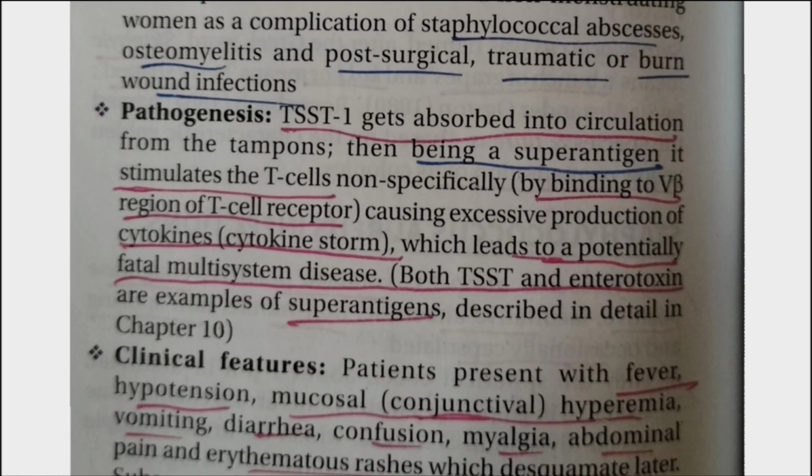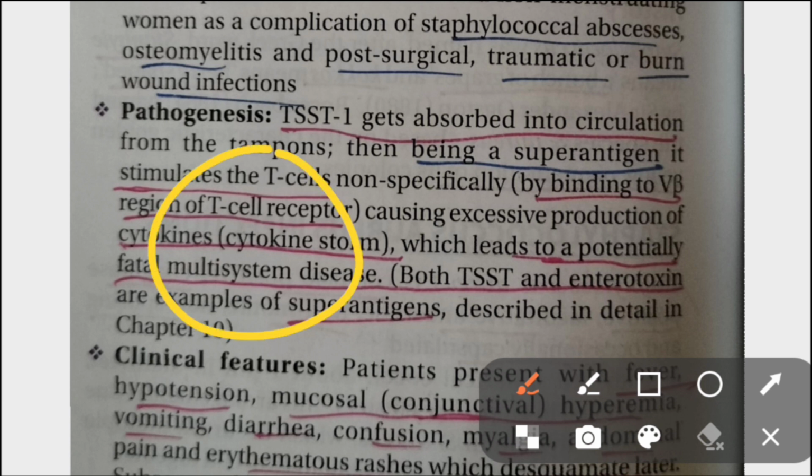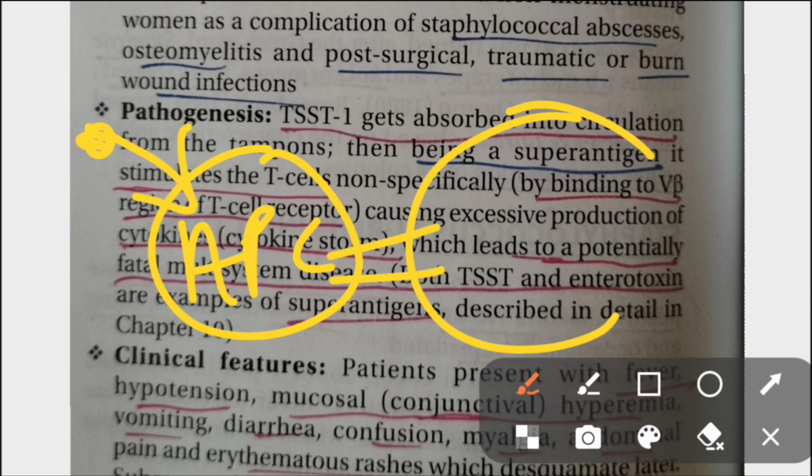Pathogenesis: TSST-1 gets absorbed into the circulation from the tampons. The bacteria release the toxin, a super antigen, which stimulates the T cell directly. Let me tell you, this is an antigen presenting cell. When an antigen binds to the antigen presenting cell, it transfers it to the T cell.